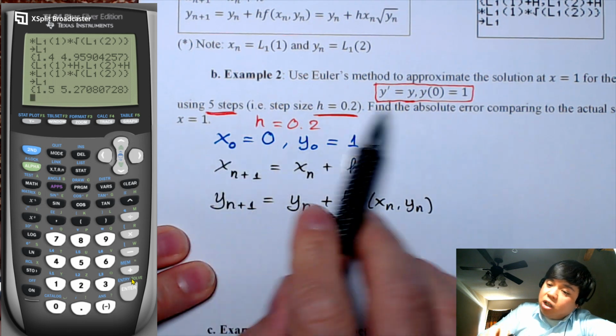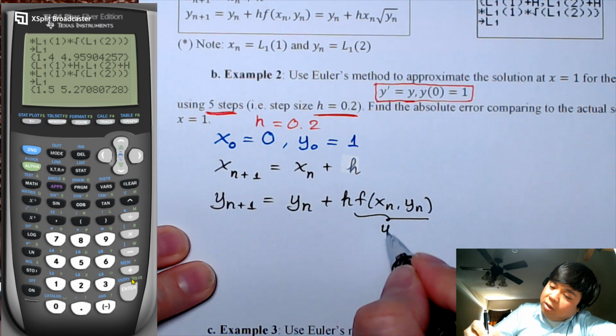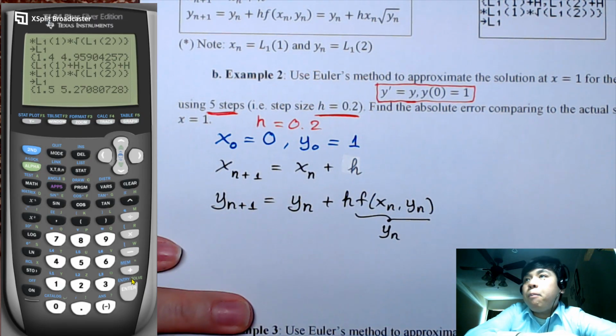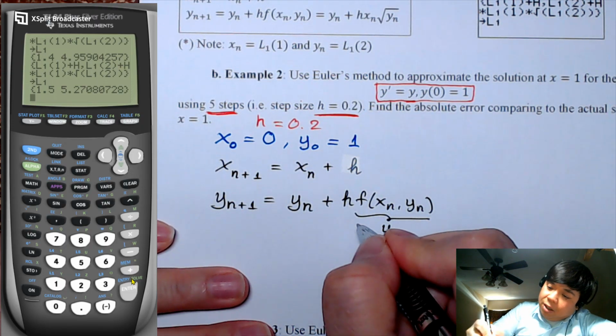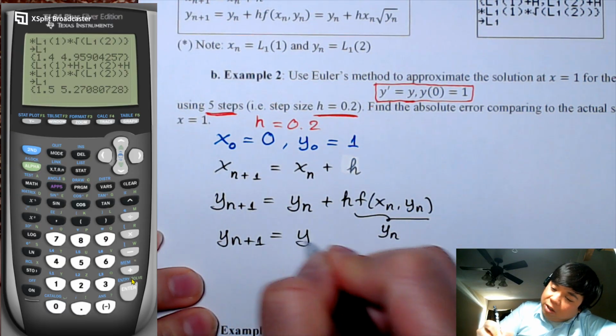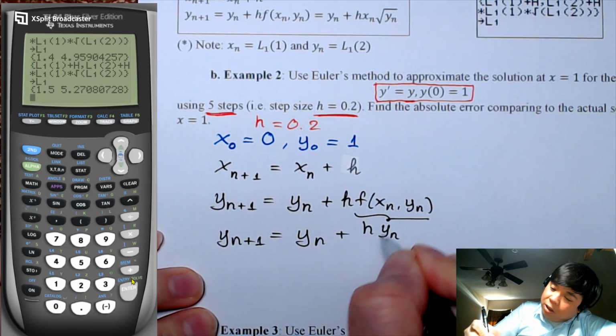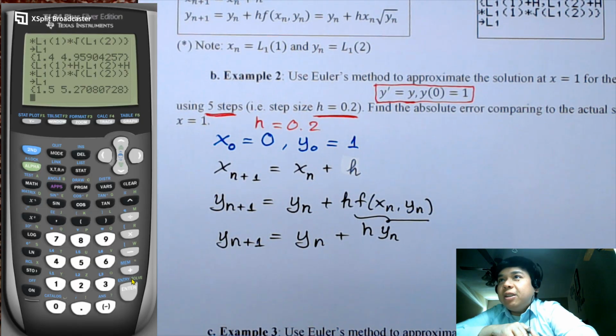But the function is just what? Just y. So this is just y sub n. So we have y sub n plus 1 equal to y sub n plus h times y sub n.